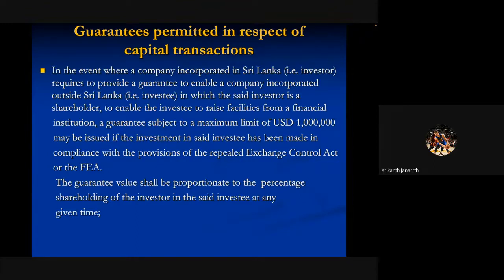Now that company in Bangladesh is a large garment factory. Now that company is approaching their bank to take a loan. That Bangladesh company is approaching their banker to take a loan, right? And that Bangladesh company, 50% is owned by Haley's Group, 50% owned by the Bangladeshi shareholders, right? Now, that Bangladesh company asks Haley's Group, look here, you are holding a 50% stake in our company.